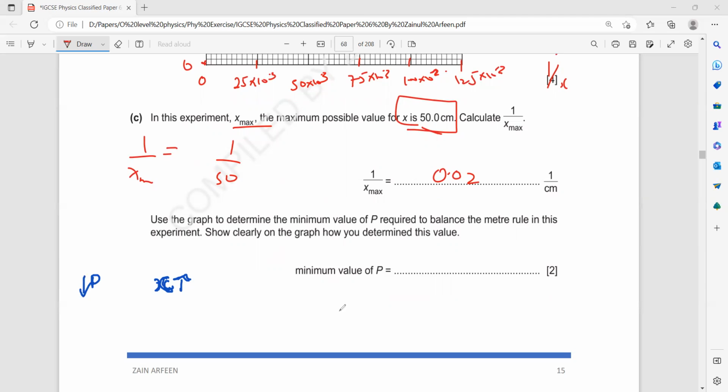And if the value of X is increasing, the value of 1 over X will decrease and the value of P will also decrease. So what we have to do from our graph, with a value of 1 over X as 0.02 or 2 exponent minus 3, is determine the minimum value of P.